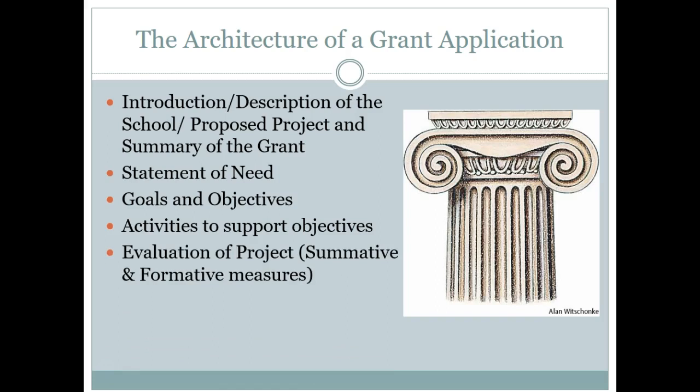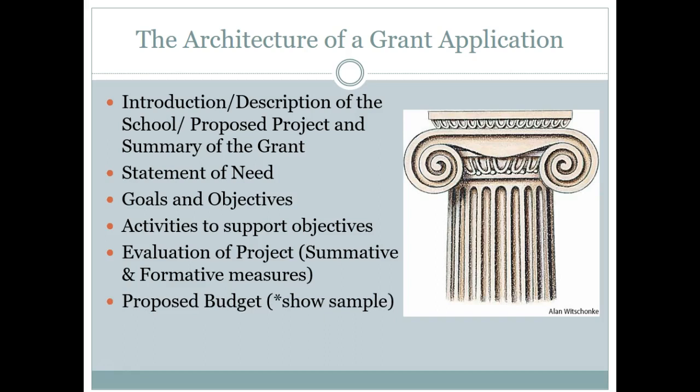Then you have the evaluation of your project. So how will they know that their money went to good use and that the project goals were achieved? So these should be referring directly back to the objectives, and you should have evaluation measures that are both summative and formative.